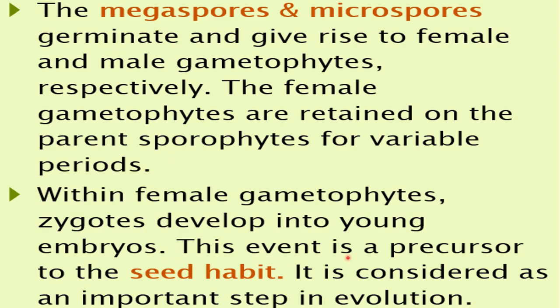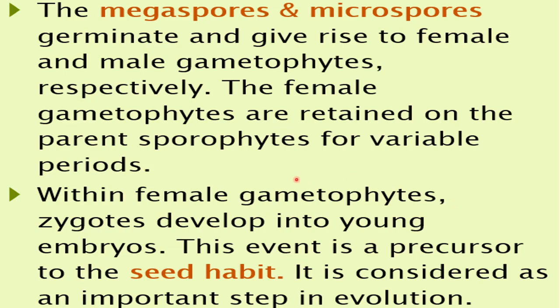And this event is a precursor to the seed habit. Okay, what is the meaning of this sentence? This event, which event? The development of the zygote within the female gametophyte. Here I am saying that the zygote develops within the female gametophyte. That zygote after development is making an embryo. So that embryo has been formed within the female gametophyte here.